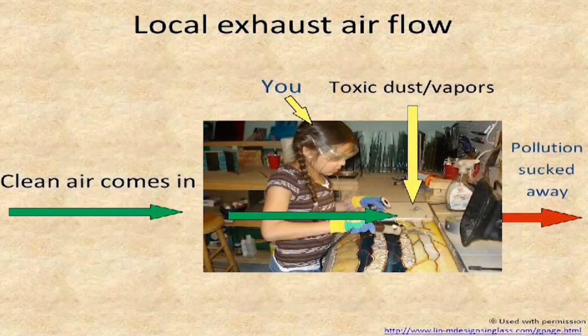What you want in the local exhaust airflow is clean air coming towards your back, pulled past you and past whatever process generates toxic dusts or vapors, sucking that toxic pollution away from you and directly outside.